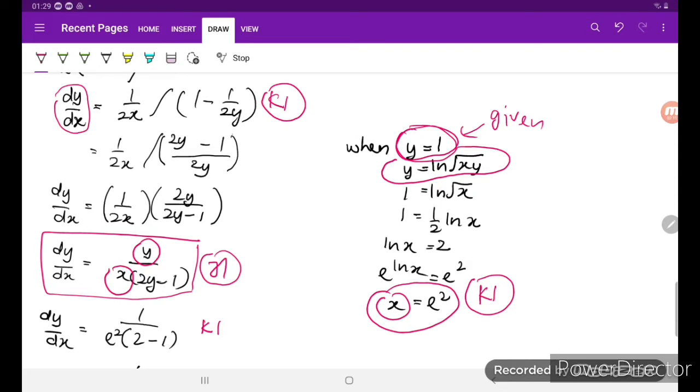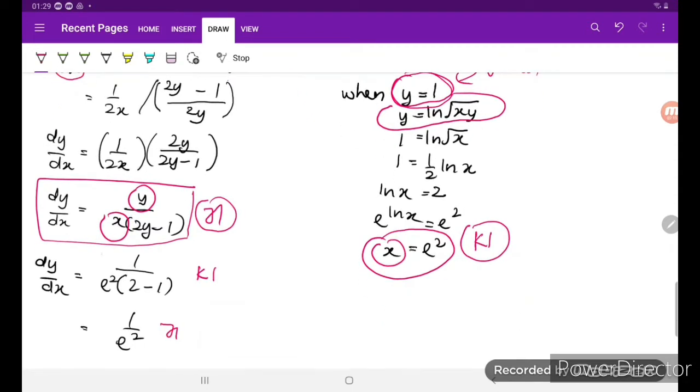Okay. So you will get dy/dx is equal to 1 over e to the power of 2. This one is given when you substitute y equals 1 and x equals e to the power of 2. Then J1 is given for the final answer.